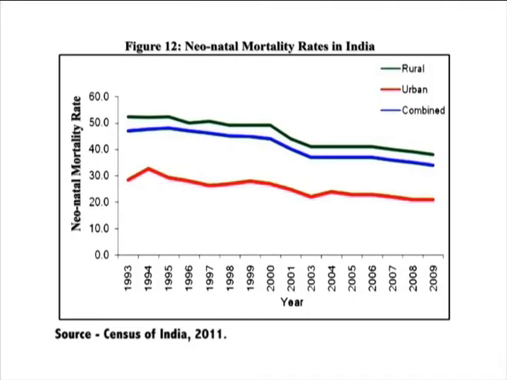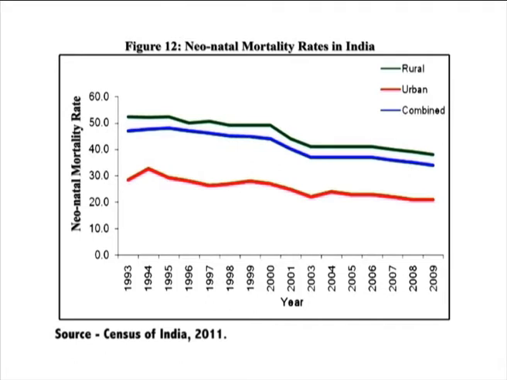The figure shows a declining trend during the period 1993 to 2009, from 47.1 in 1993 to 34 per thousand live births in 2009.